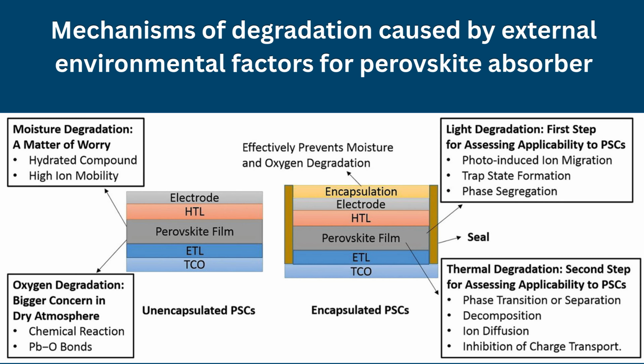Encapsulation techniques. Encapsulation is critical for protecting PSCs from environmental degradation. Glass encapsulation with edge sealing has demonstrated long-term durability under high humidity and thermal cycling. Polymer-based encapsulation, including fluorinated coatings, further improves moisture resistance and operational stability.